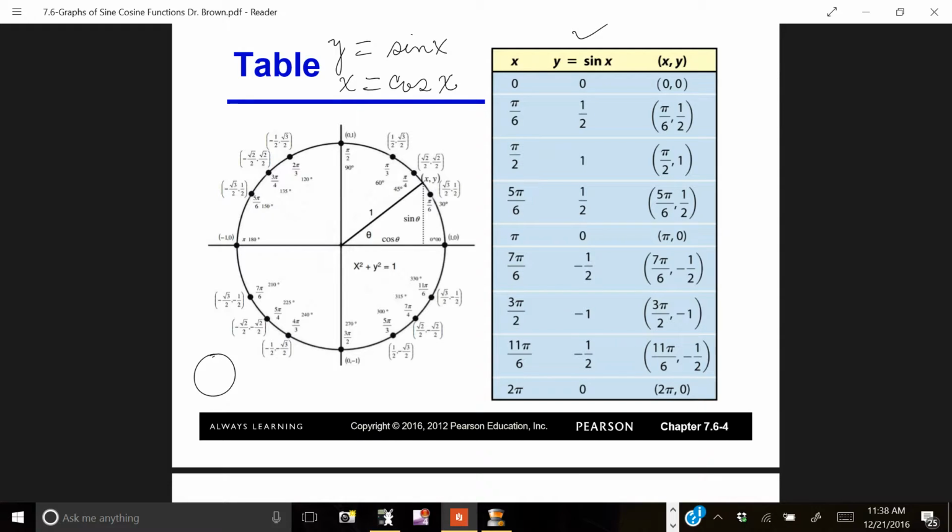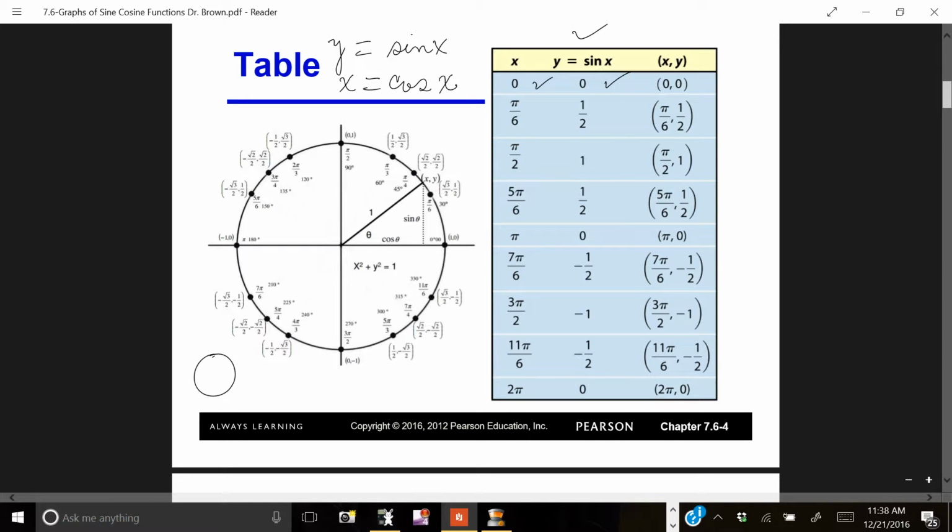Now, just looking at some typical points, at x equals 0, the sine of x equals 0. So we have the point (0, 0) on the graph of sine of x.